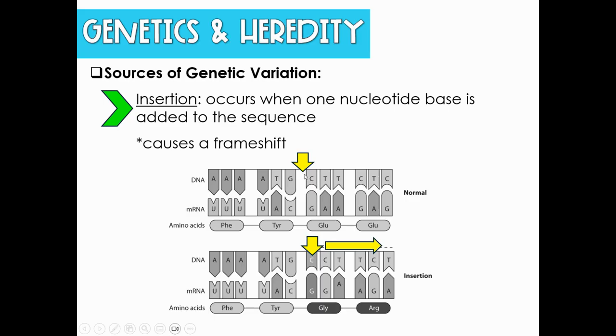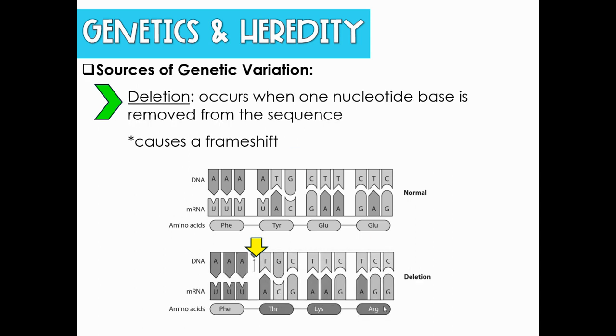So you can see here we have inserted an extra cytosine in our nucleotide sequence. And when we add in that extra nucleotide, it shifts everything down. And so what that did in our sequence is it coded for the wrong amino acid, which is what creates a mutation.